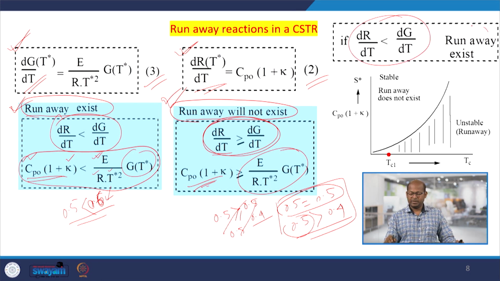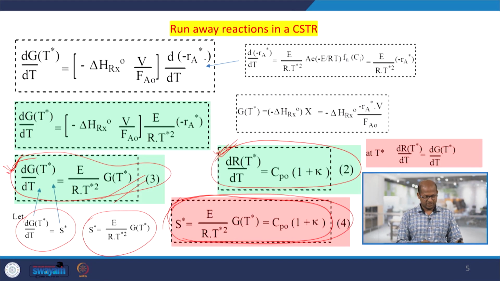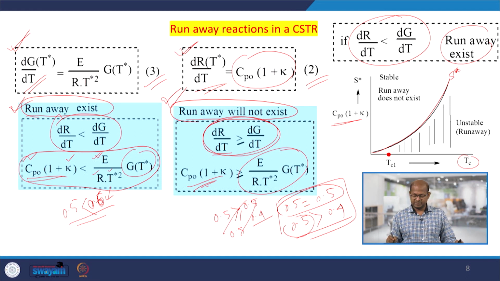So here runaway exists, and let us say we operate the reactor at this temperature. If we plot Cp naught into 1 plus kappa against Tc, the A star curves will come. A star is the gradient of heat generation term basically.